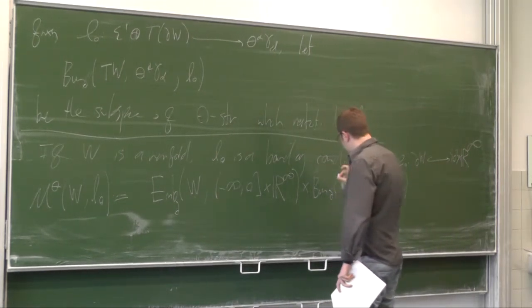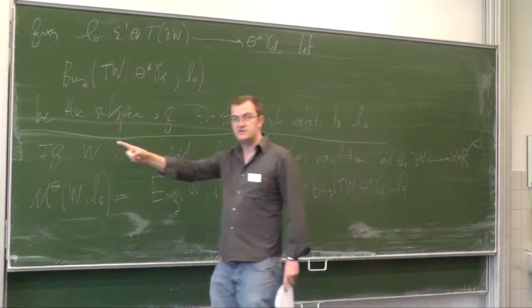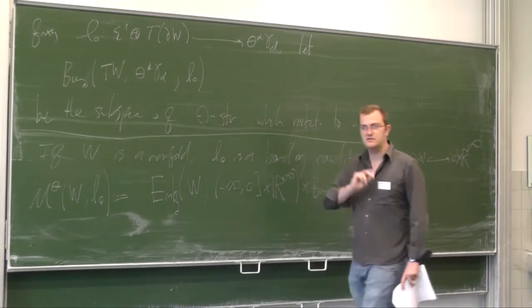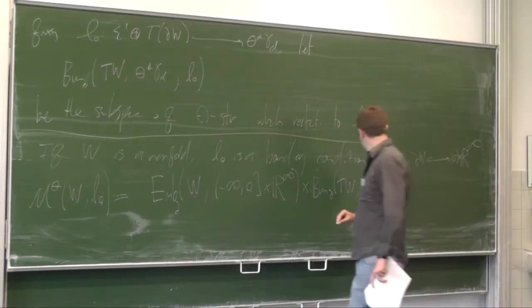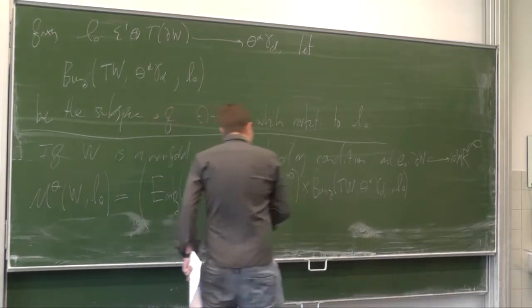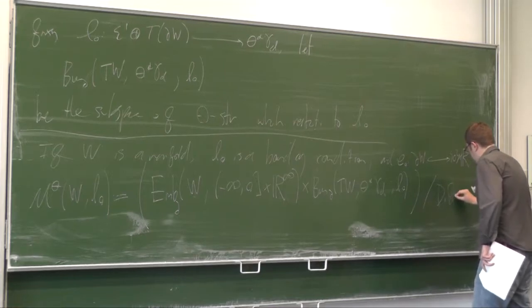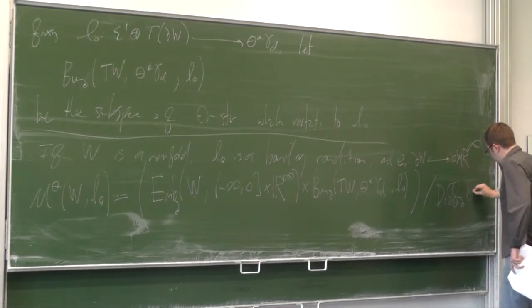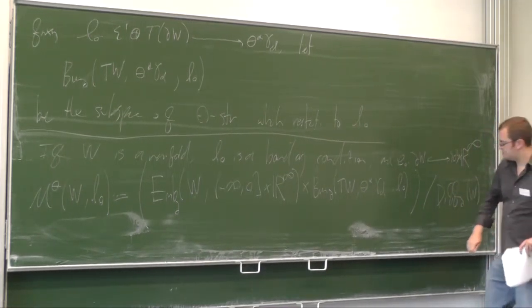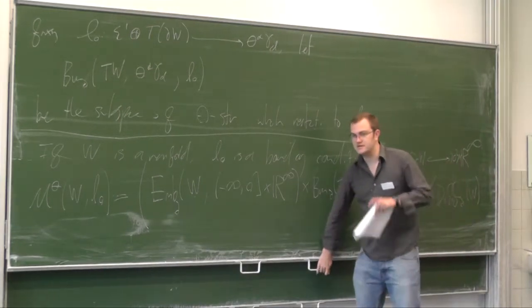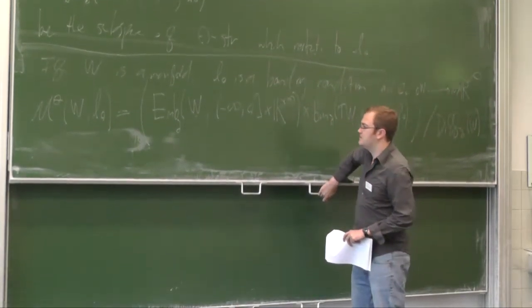Okay? That's the real reason why I wanted this model for theta structures, because it gives a precise action of the diffeomorphism group. And then I want to take the quotient of this by the diffeomorphism group of W. And now I'd like to spend a second making precise what all these things are, involving things like collars and so on.